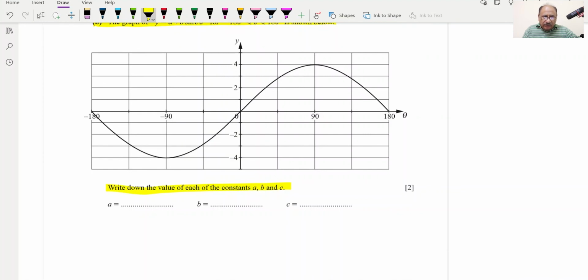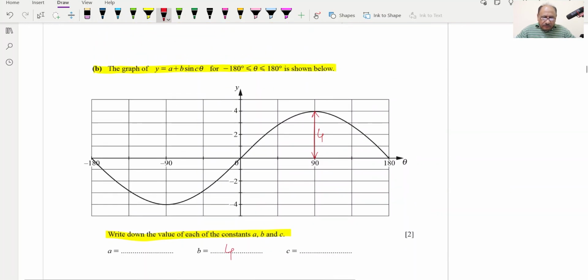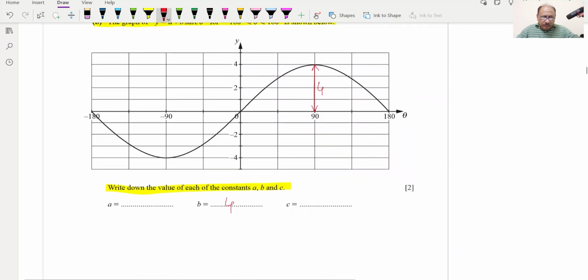So a, b, and c. B value will be the amplitude, which we can take from the mean position to the extreme position, so this will be 4, and we can write the b value over here as 4.